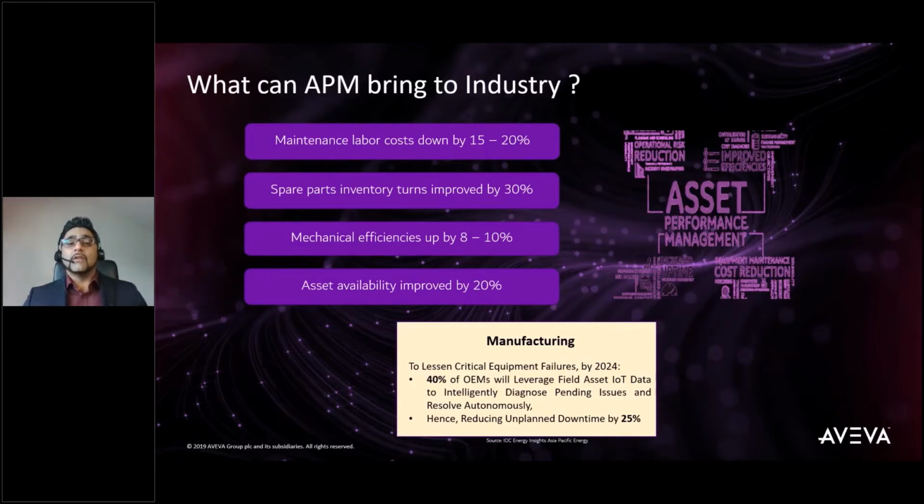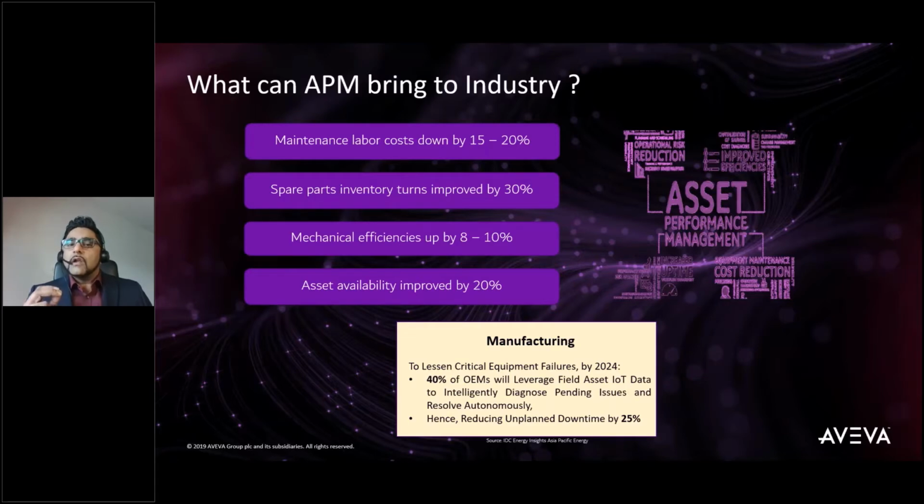We're talking here that 40%, and now we're talking OEMs, OEMs wanting to leverage IoT data, intelligent diagnostics, and resolve problems autonomously or automatically. So lessening the number of critical equipment by 2024, and hence reducing downtime by 25%. Now that's quite considerable when you think about it.